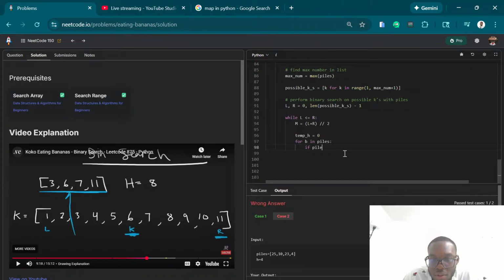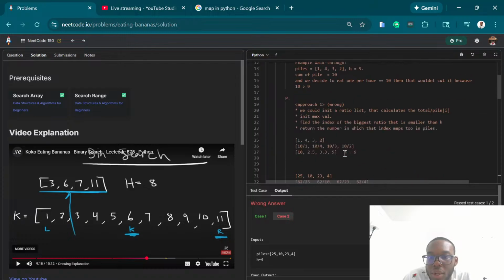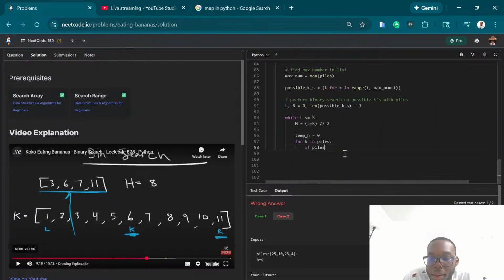I said piles or pile? Piles. It's more than, no, another possible case, smaller than.